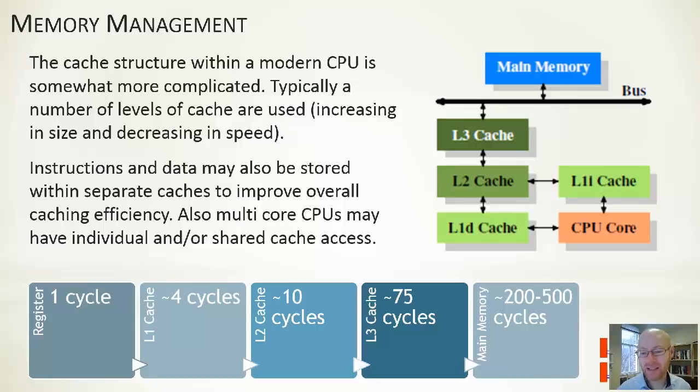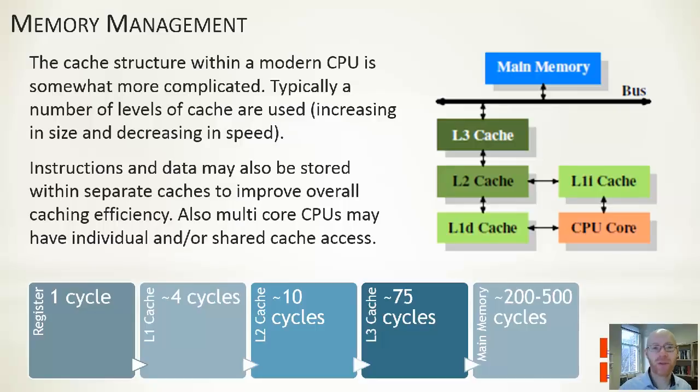Next to it, it has direct access to level 1 cache, and therein we can have an instruction cache and a data cache. The machine instructions that we're executing, our program, also reside in memory, and we want to bring those instructions in so that as the CPU is executing our program, it gets access to the next instruction nice and quickly.